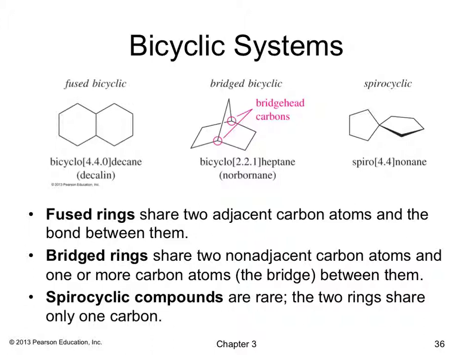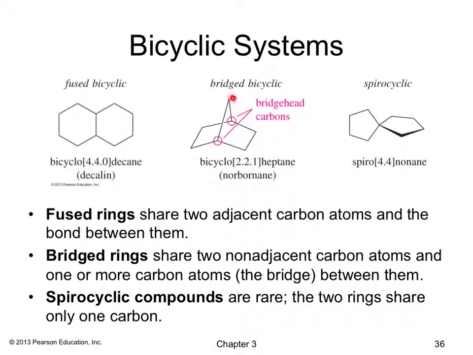Now, there are three types of bicyclic systems. One is a fused ring. Fused rings share two adjacent carbon atoms and the bond between them. So here's a fused bicyclic structure. Bridged rings share two non-adjacent carbon atoms and one or more carbon atoms, the bridge between them.